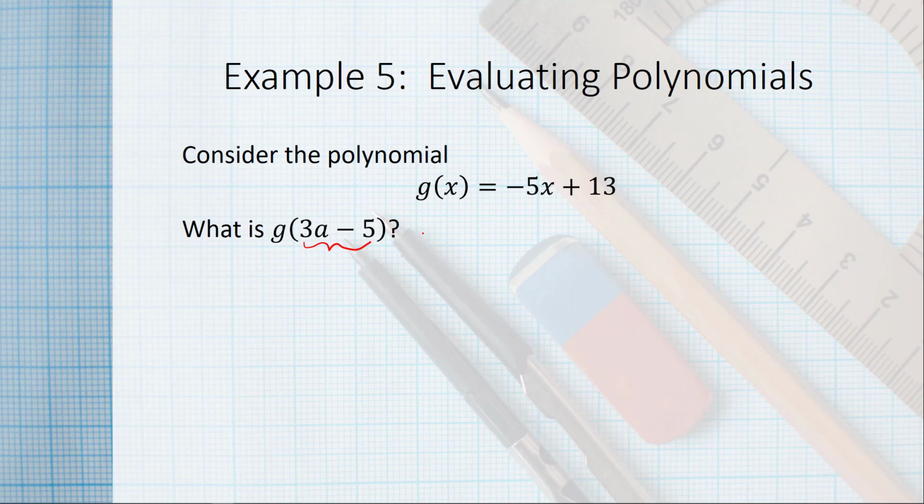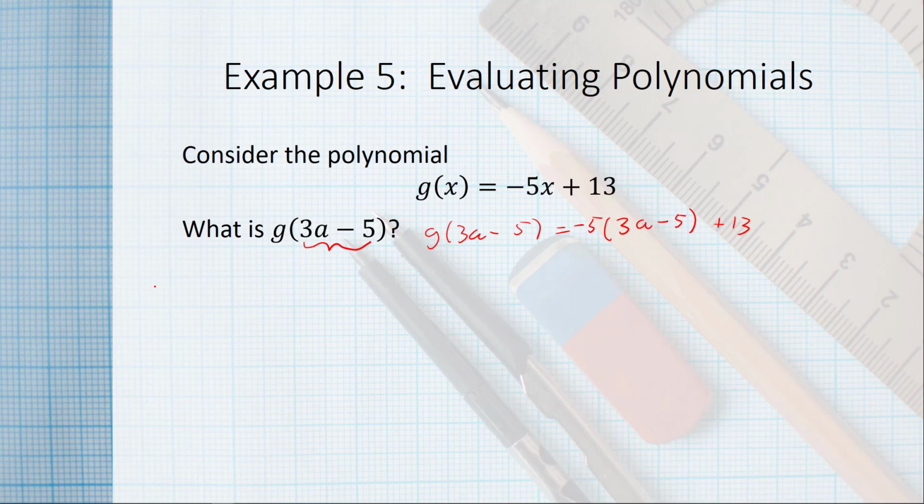So that will give us that g of 3a minus 5 is going to be equal to negative 5 times, replacing this quantity with x, 3a minus 5, and notice how I have it enclosed in parentheses, plus 13.